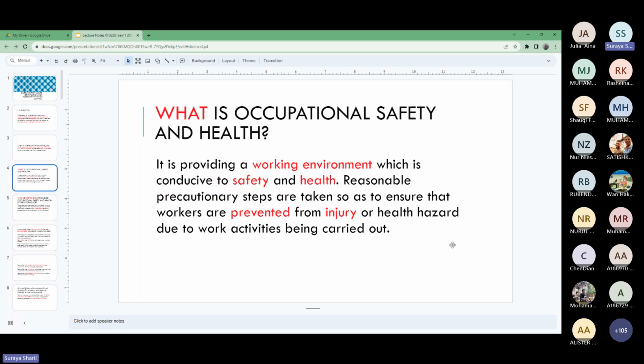So what is occupational safety and health? It is providing a working environment which is conducive to safety and health. Reasonable precautionary steps are taken so as to ensure that workers are prevented from injury or health hazard due to work activities being carried out.